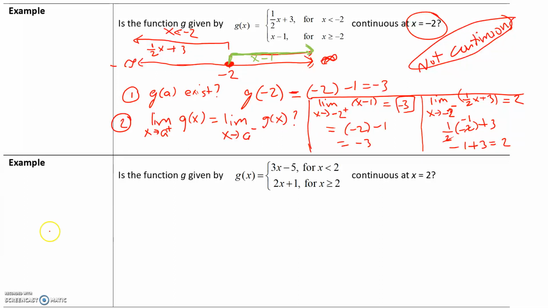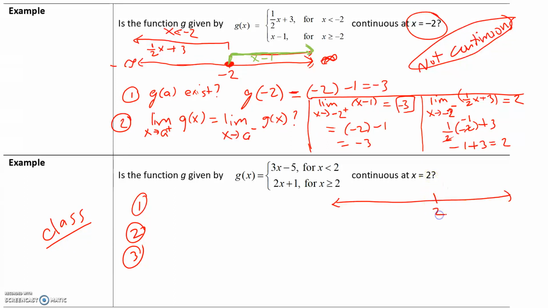The next example we are going to work on in class, you can try to do it on your own, go through all three conditions, and check to see if they are met. I'll help you get started. Now we want to check, is it continuous at x equals 2? If x is 2 or less, we're going to use the function 3x minus 5.